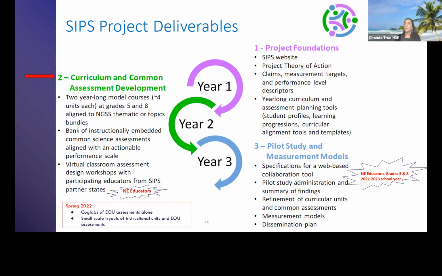And they are also being developed using the principled assessment design process. So these tasks as well are being developed very similarly to the way we've done our formative repository and our summative tests. So it's very, very aligned. So I'll be reaching out. That would be the year 2022-23 that we would involve hopefully some Nebraska educators, grades 5 and grades 8. Okay, next slide.